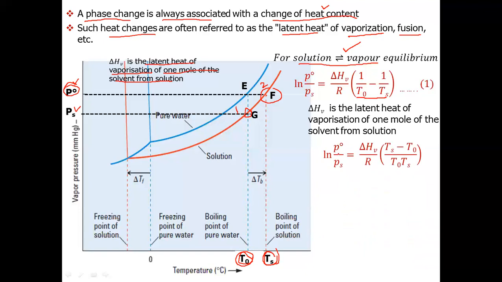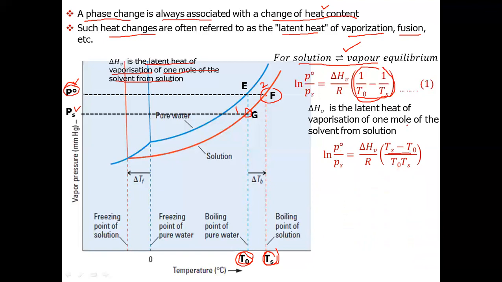So we can write ln P naught by Ps is equal to delta Hv by R, T naught Ts in the denominator, and Ts minus T naught in the numerator. By simplifying this term, it gives us Ts minus T naught divided by T naught Ts. Now what is Ts minus T naught?